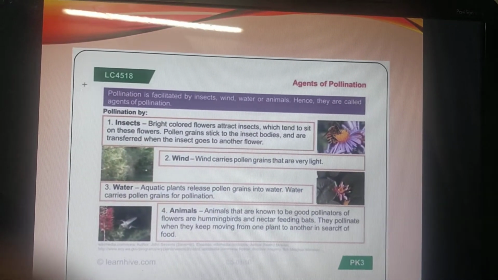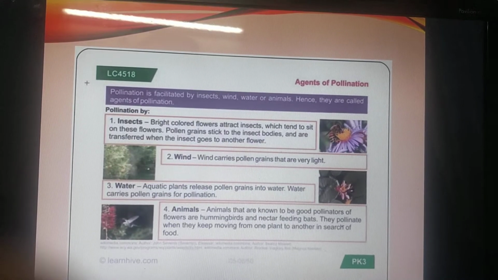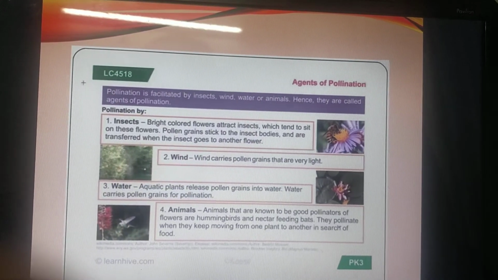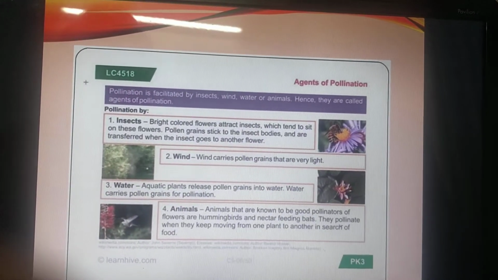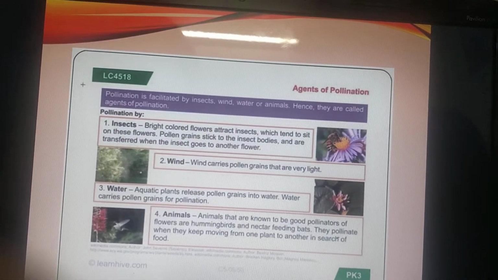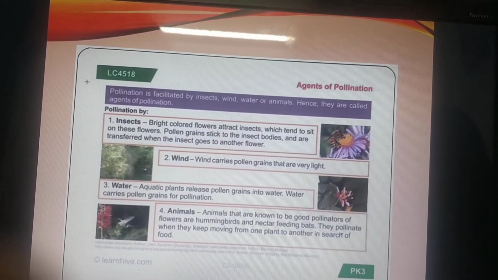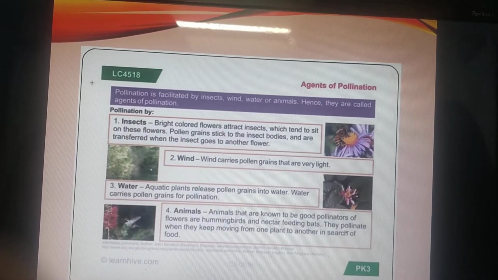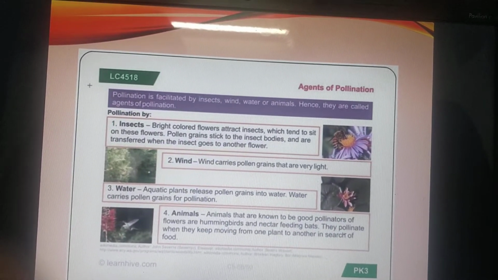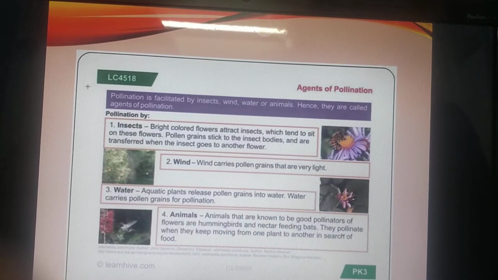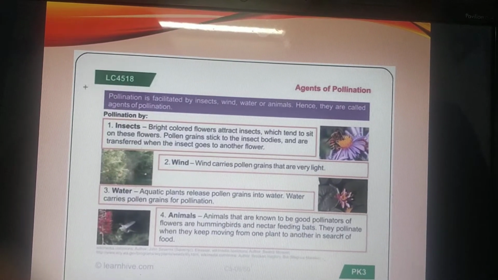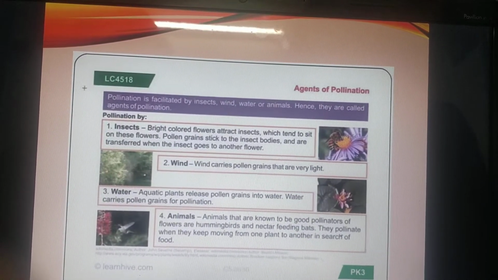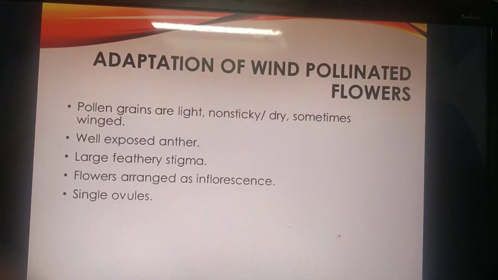Abiotic means wind and water, and biotic means insects or animals. So wind carries pollen grain, and the wind-pollinated and water-pollinated pollen grains have some characteristic features, and those which are insect-pollinated and animal-pollinated have some special features.